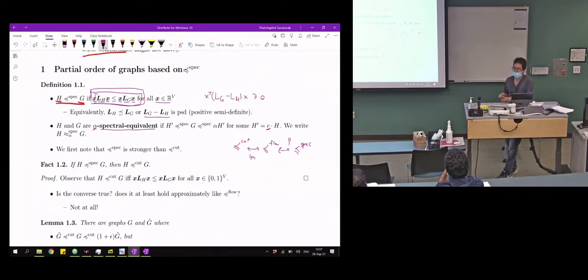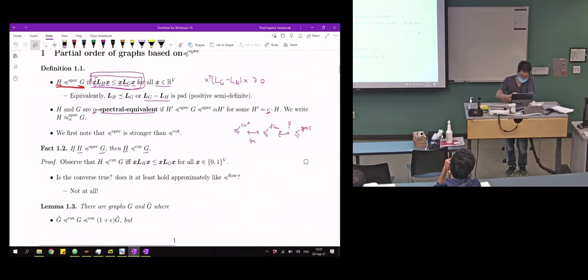First thing is that if H is less than G in the spectral sense, then H will be less than G in the cut sense. So spectral is stronger than cut. Why is that?